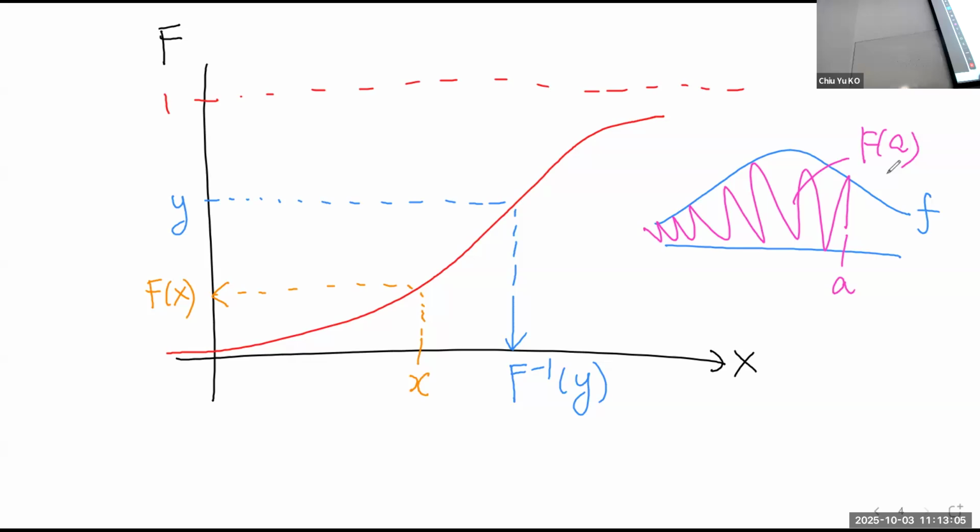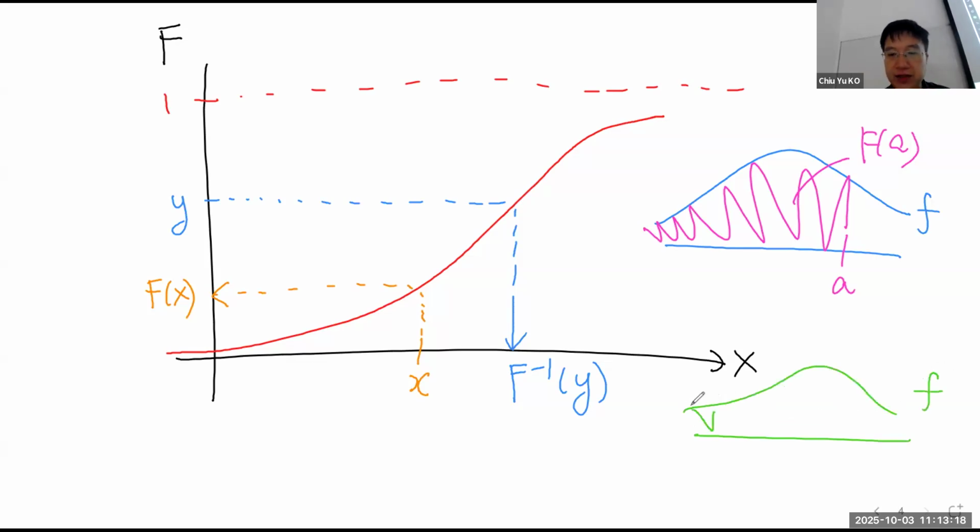But very often, we do the opposite. I give you this area, and I tell you what the area is, and you give me this number. From the area to a number is what the inverse function does.